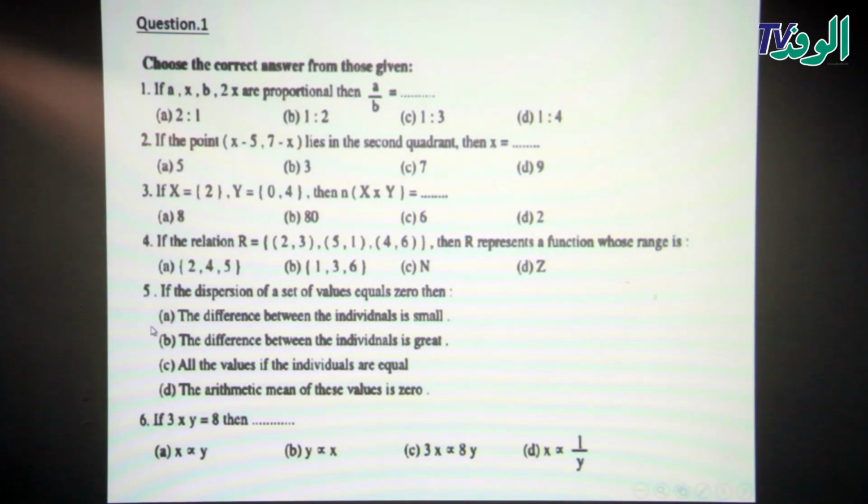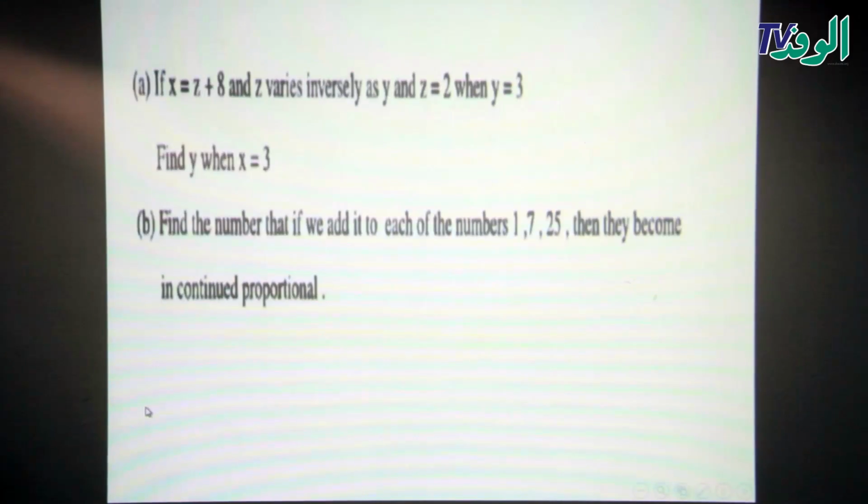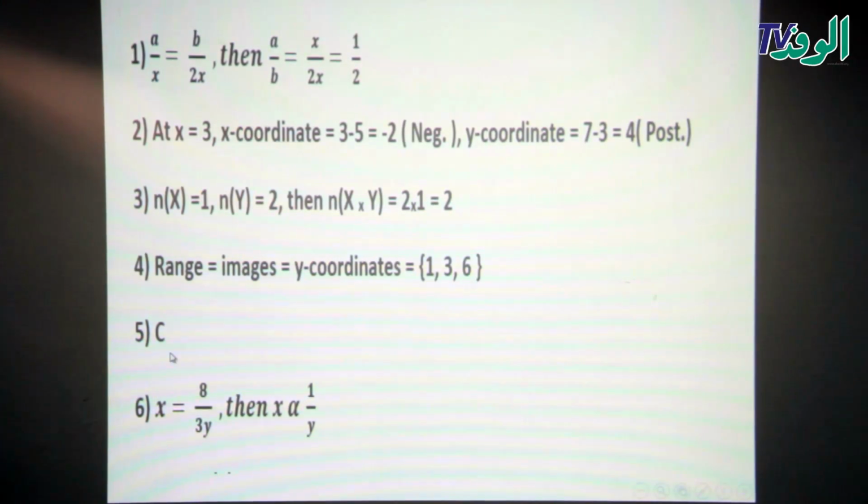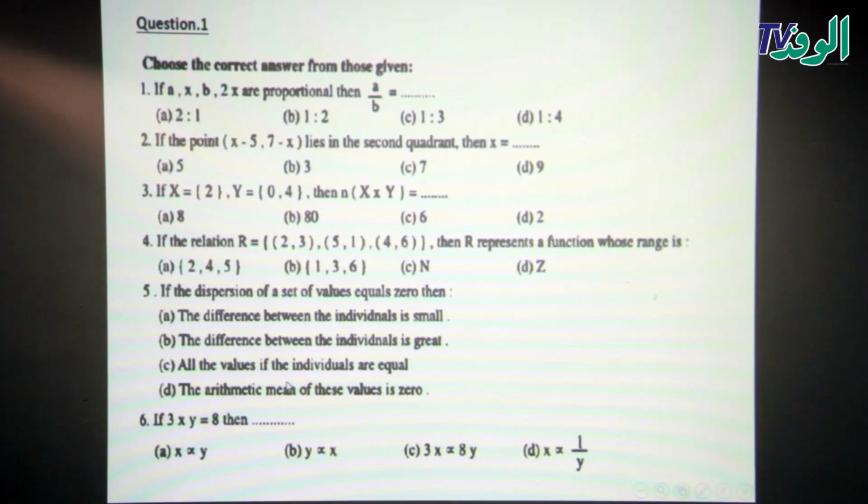Number A, the difference between the individuals is small; the difference between the individuals is great; all the values of the individuals are equal; the arithmetic mean of these values is 0. For the dispersion to come out as zero, if we remember the rule of dispersion, it is the square root of the sum of (x minus x bar) to the power of 2. So for the dispersion to be zero, x bar, which is the mean, must equal any one of the values, which means that all the values are the same. So which choice is that? Choice C. Let's go back: all the values of the individuals are equal.